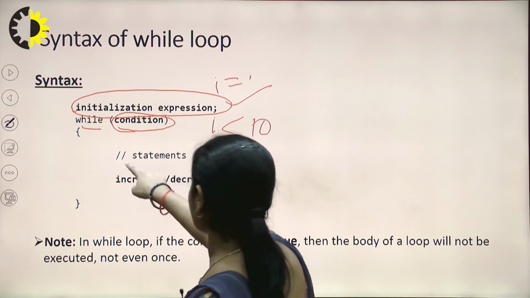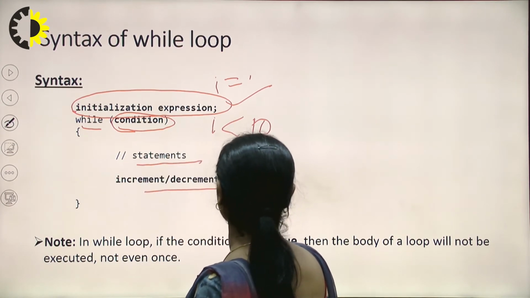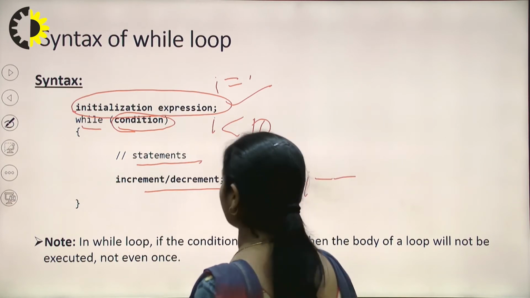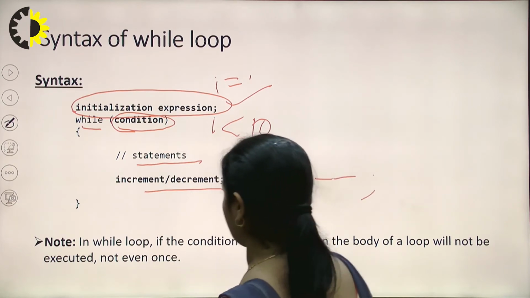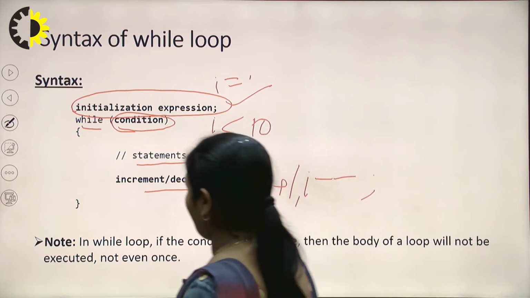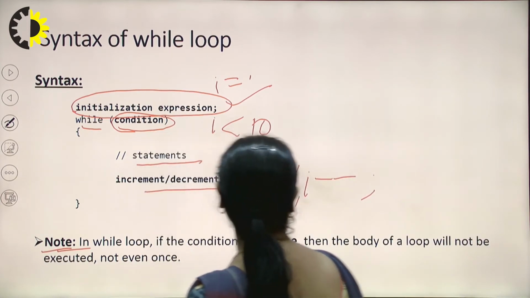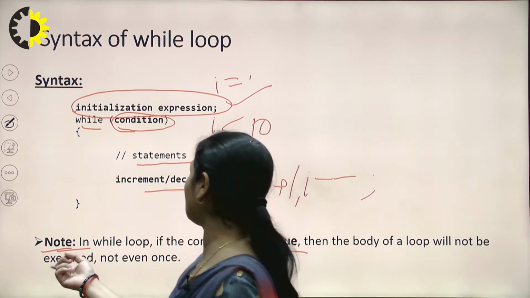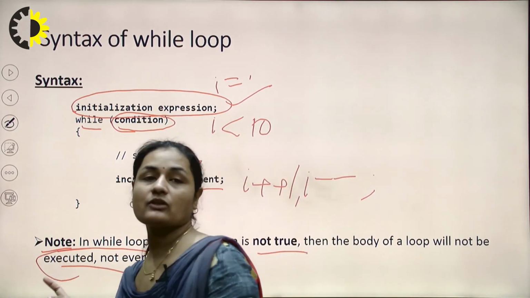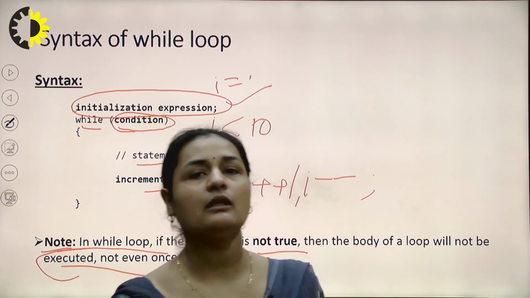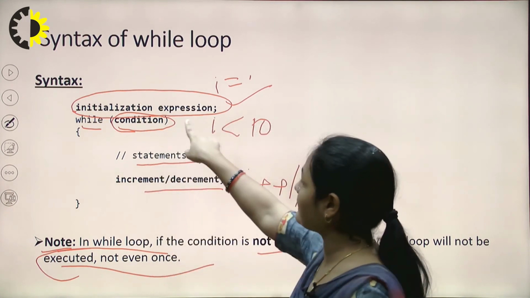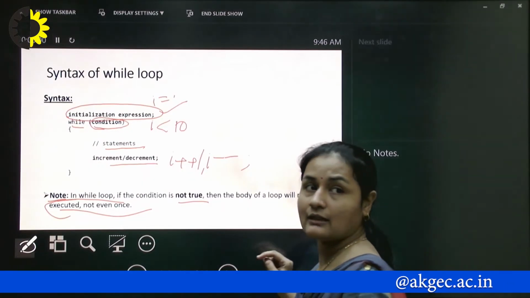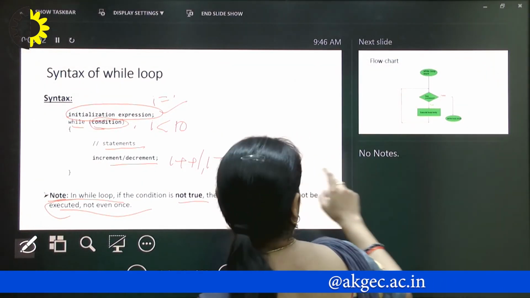Then the statements execute, and after that we give the increment or decrement operation. An important note: in a while loop, if the condition is not true, the body of the loop will not be executed, not even once. If the condition is false, the body will not execute, because we check the condition at the starting of the loop.